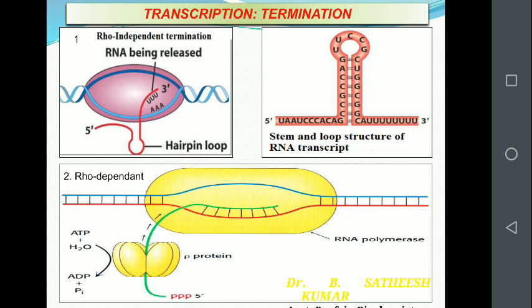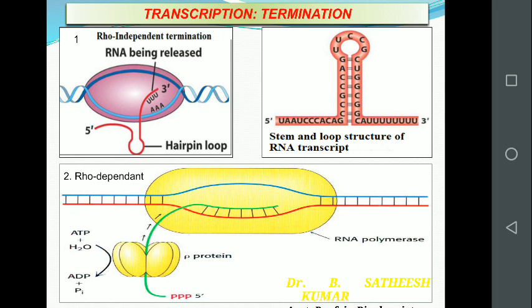because the attachment between the RNA molecule and template strand is very weak due to the presence of AU bonds, poly U and poly A sequences. So these interactions are very weak. During the struggle, that dissociates and comes out easily. So this is known as rho independent termination.